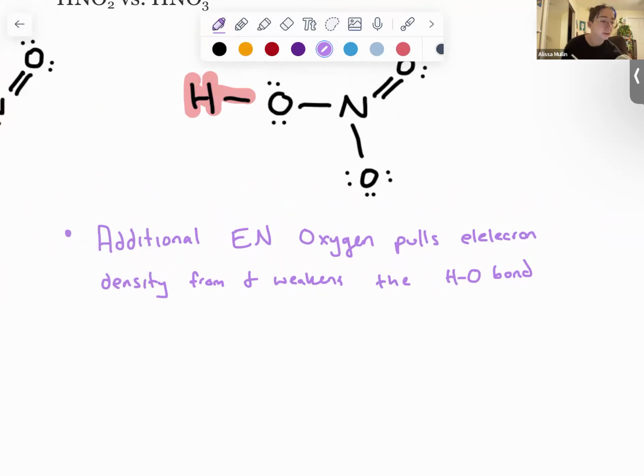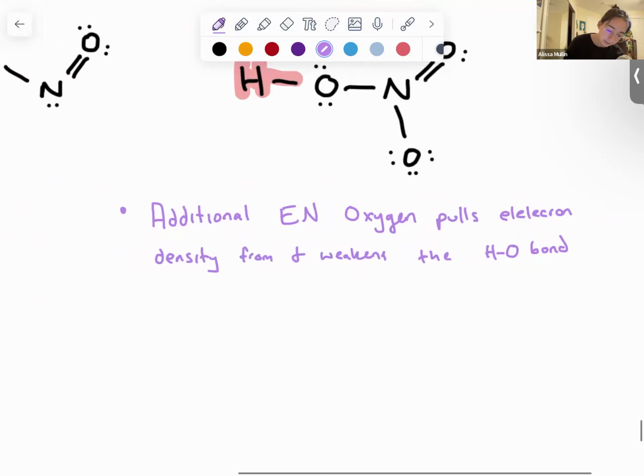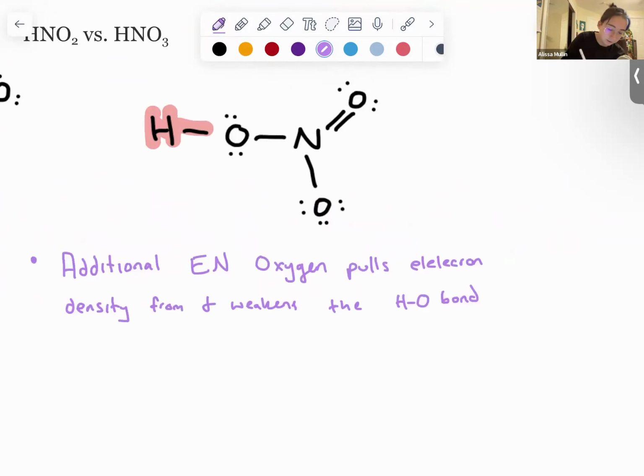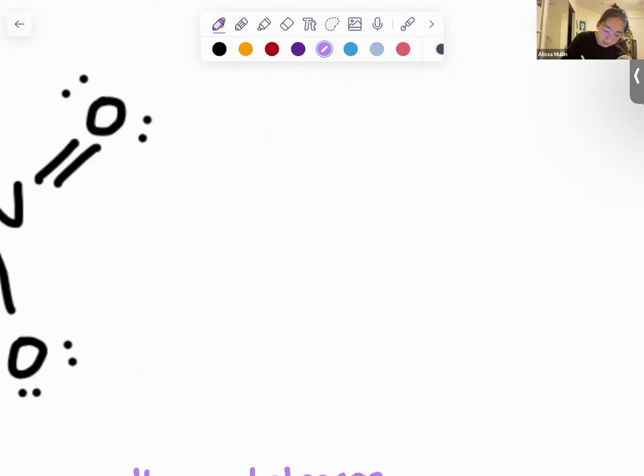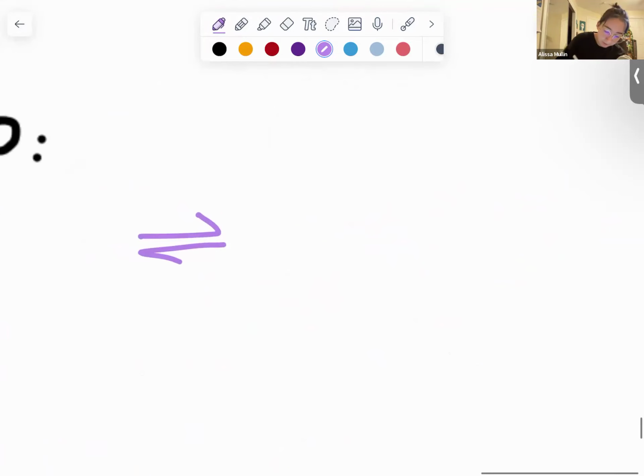Or maybe you realize that, I'll draw it for you, this guy's conjugate base, we would just be left over with something that looks familiar to us, our nitrate ion.